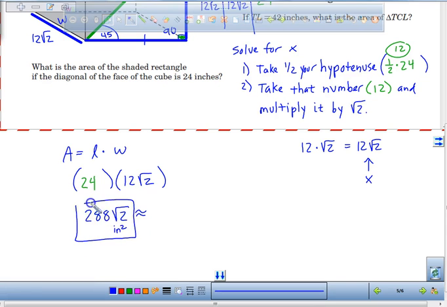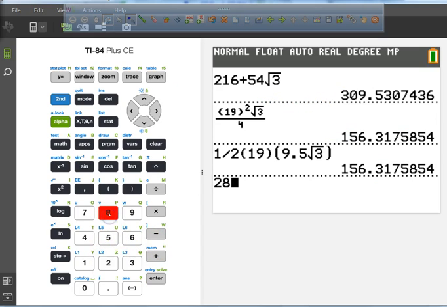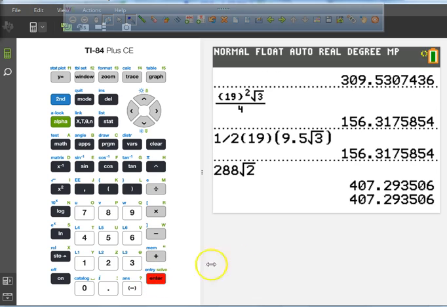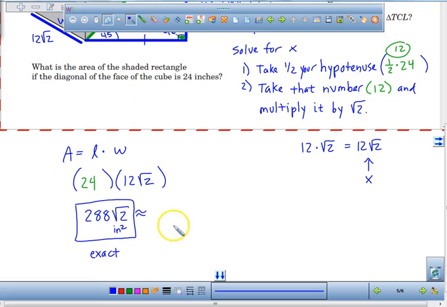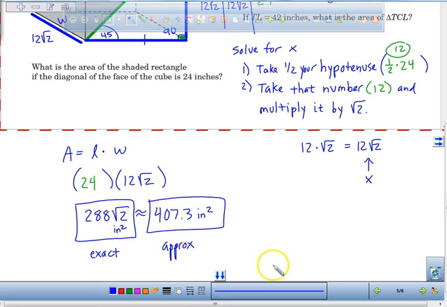This is your exact answer. Your approximate value would be 288 radical 2, which gives you approximately 407.3 inches squared. That's what's called your approximate answer. So there's your exact, there's your approximate.